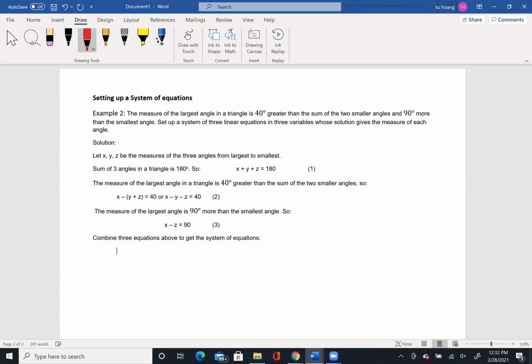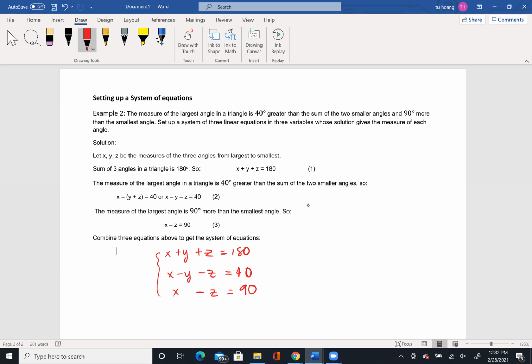Okay, so we have, let me write out, x plus y plus z equal to 180, and then x minus y minus z equal to 40, and then the last one is going to be x minus z equal to 90.